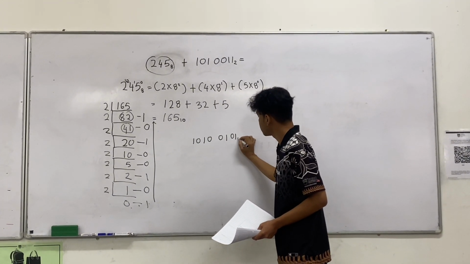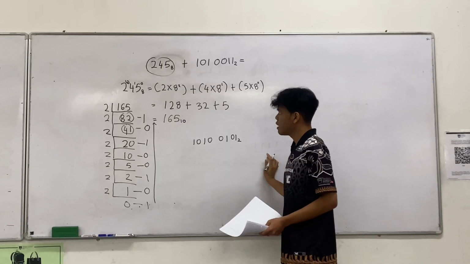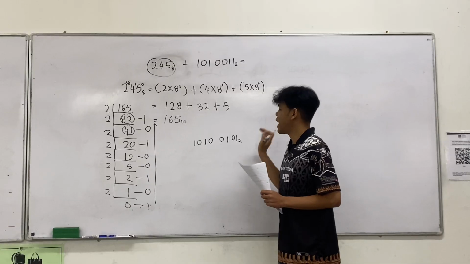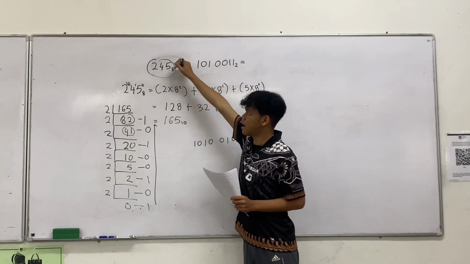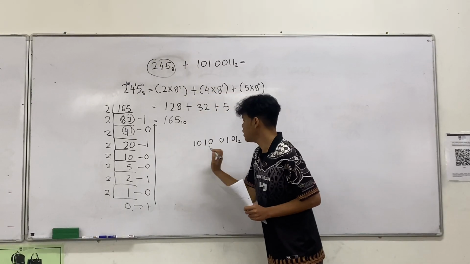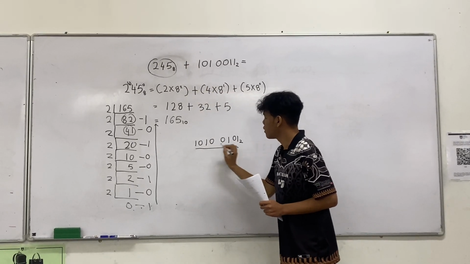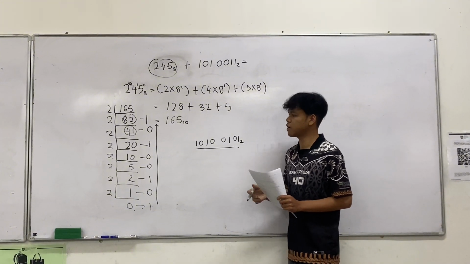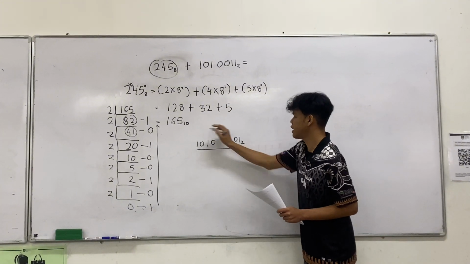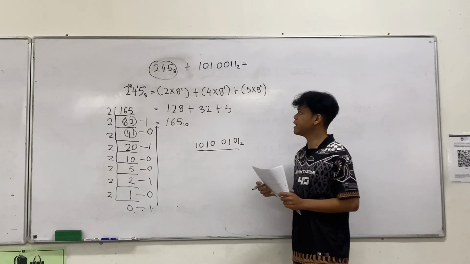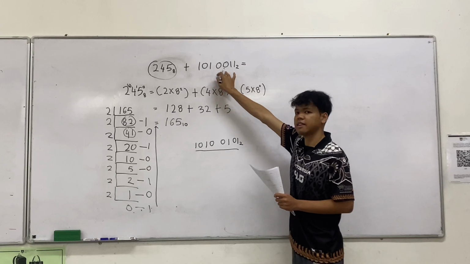So we finally got the binary number for the octal number 245, which is 10100101. After we get this binary number, we can finally start the calculation.